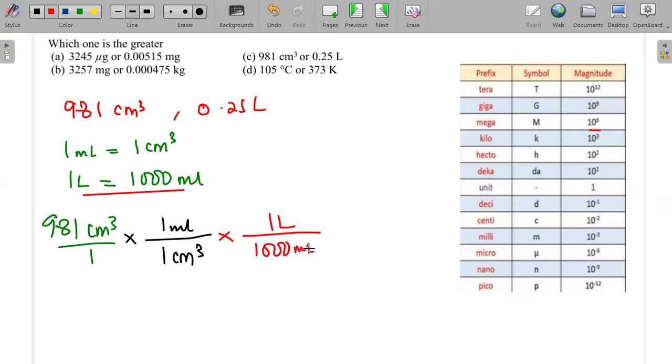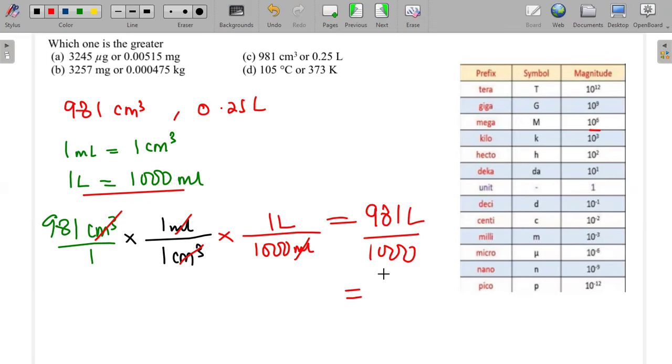If it was down here, I would have put the 1000 milliliters on top. I want the cubic centimeter to cancel with that, and the milliliter to cancel with that, so that I just have the liter, which is the desired unit. So it will be 981 multiplied by 1 liter, which gives 981 liters divided by 1000.